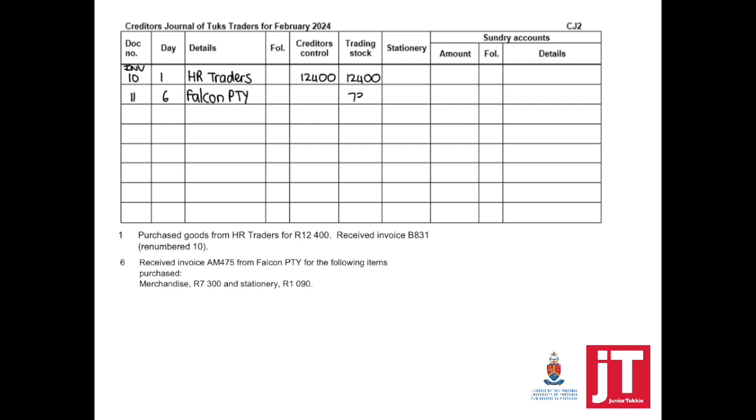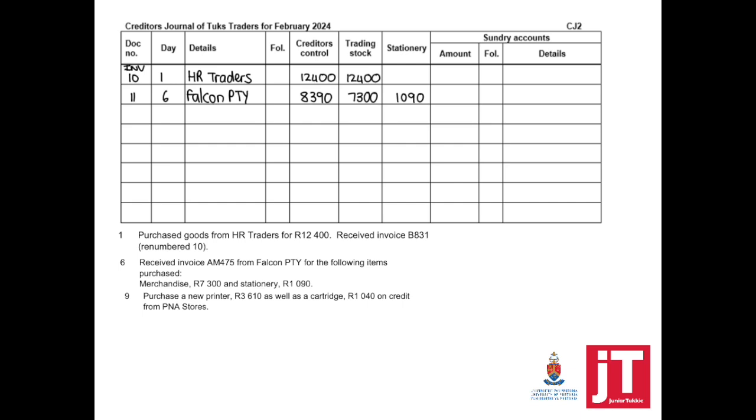What did we purchase? Trading stock and stationery, and in total we owe 8,390. On day 9, purchase a new printer, 3,610, as well as a cartridge, 1,040, on credit from P&A Stores.